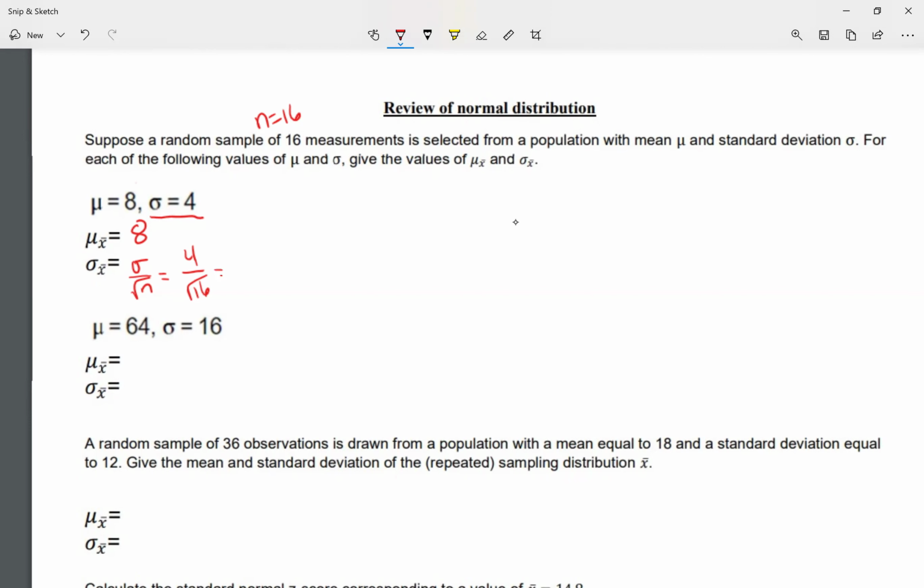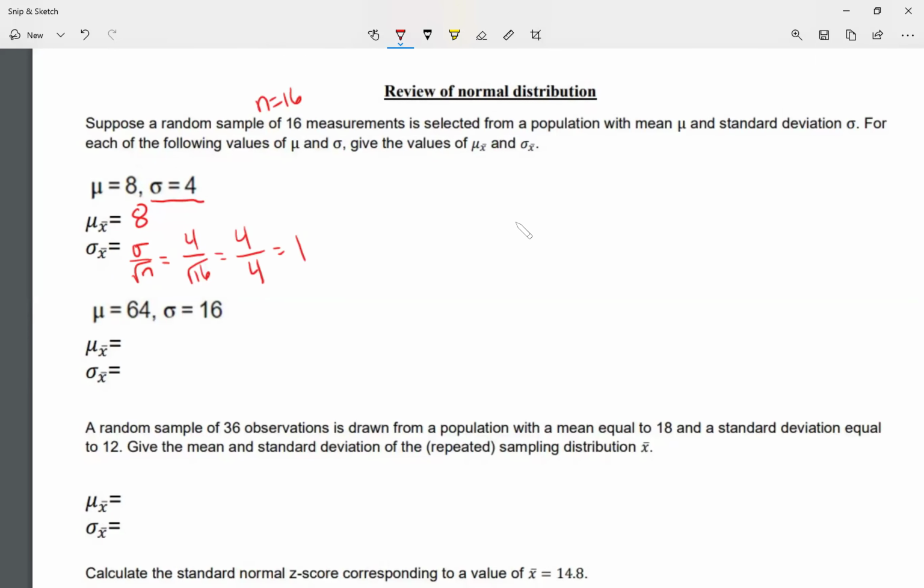Now, that can also be seen as 4 divided by 4, because the square root of 16 is 4, right? So I'm just going to call this 1. So the mean of my sample in this case is 8. The standard deviation of my sample in this case is 1. That's not bad. Okay, so let's take a look at the next question.